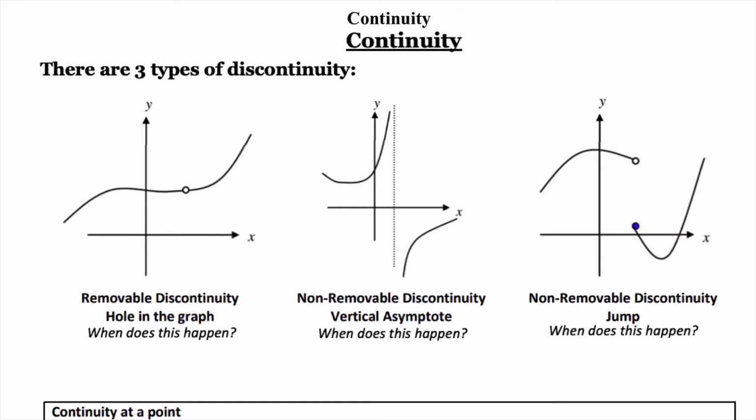When does a hole happen? What happens to the function? What creates a hole? We've seen it. Why did it occur? Does anyone remember why it occurs? Yeah, Tristy? It's an undefined value at that point. It's undefined.